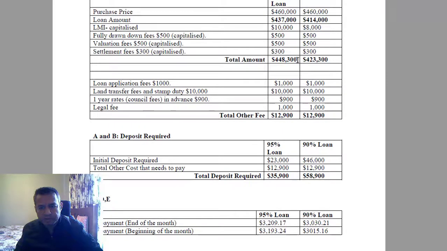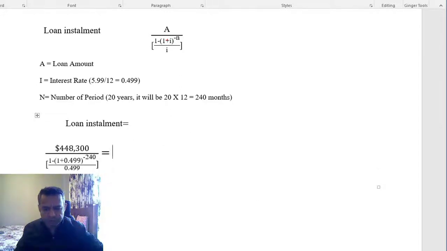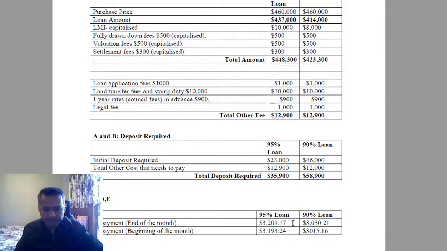We know that the loan amount is $448,300, 1 minus 1 plus the interest rate, which is 0.499. As we know, n is 240. Calculate here 240. If you do this, then you find the total amount would be at 95% loan is this amount.